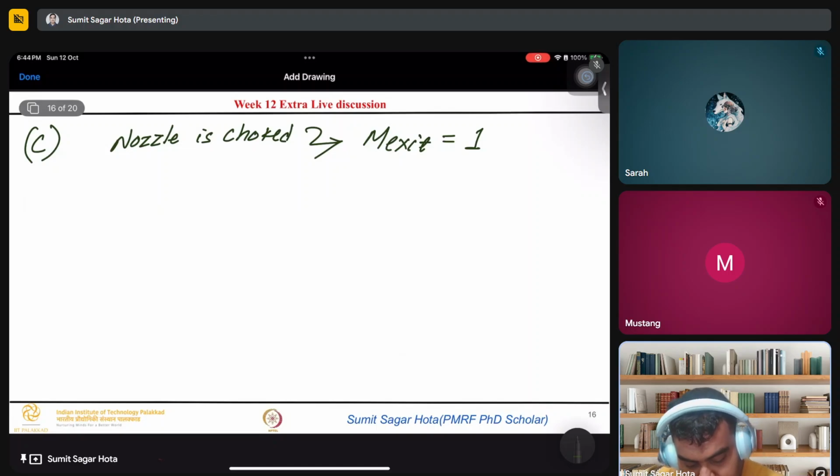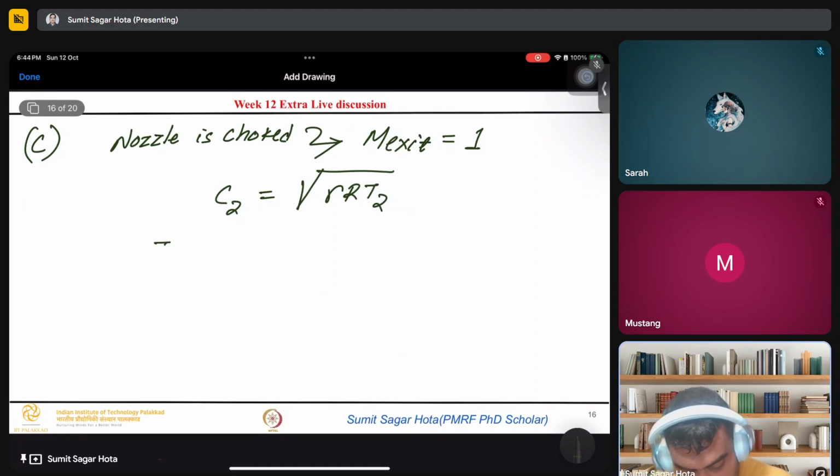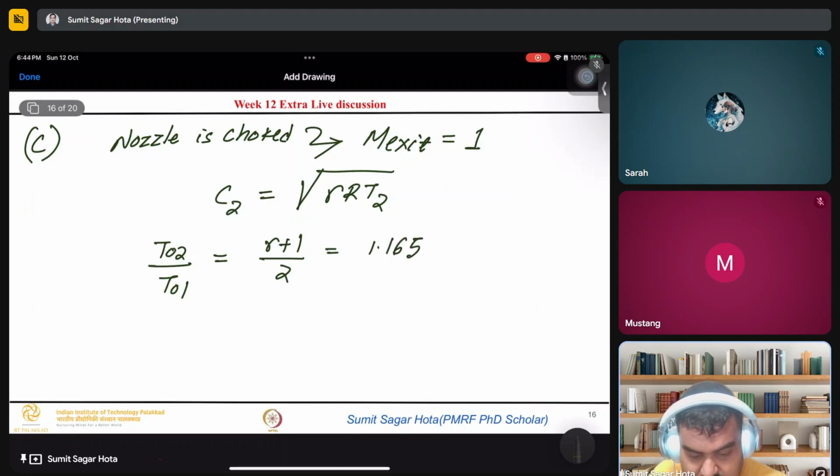Okay, so C2 is equal to square root of gamma R T. And T02 by T2 is equal to gamma plus 1 by 2. You solve it, you will find it is 1.165.